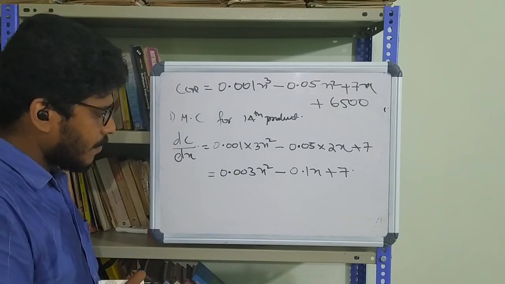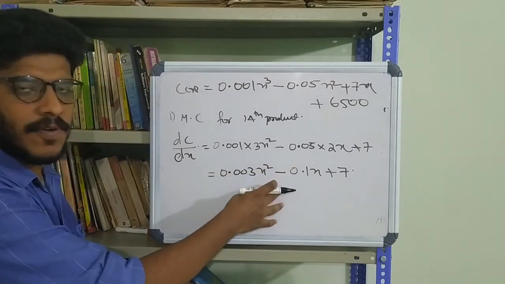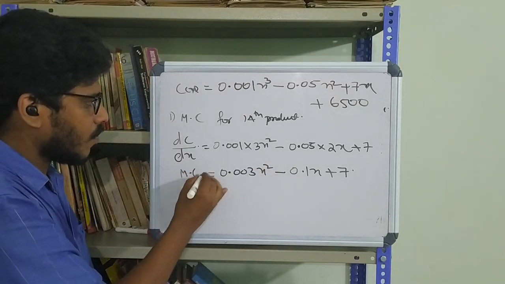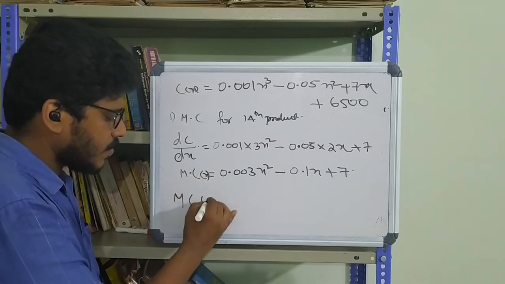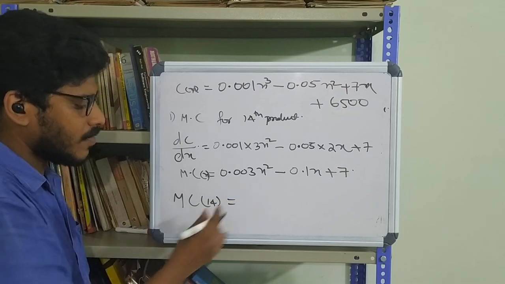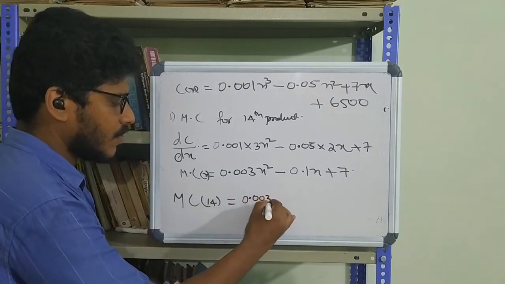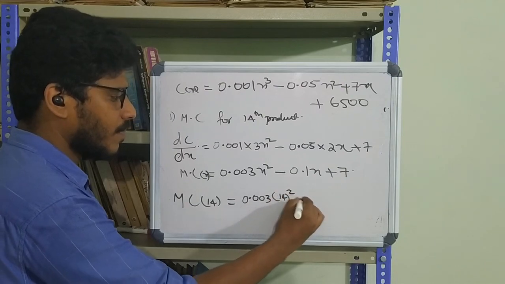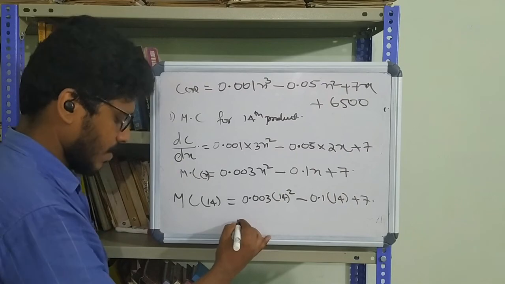Now we can find the marginal cost for the 14th unit by simply substituting x equal to 14. This is the marginal cost function for x, so the marginal cost for the 14th unit can be obtained by replacing x with 14. Which will be 0.003 times 14 square minus 0.1 times 14 plus 7.